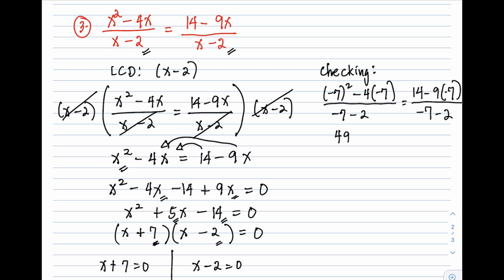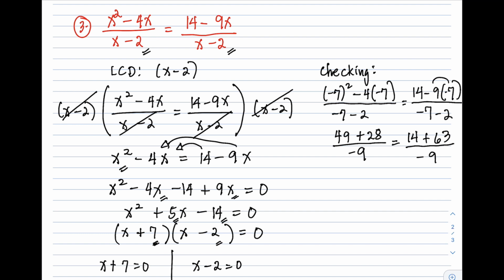Then, negative 4 times negative 7 is positive 28 all over negative 9 equals 14. Then, negative 9 times negative 7, that is positive 63 over negative 9.